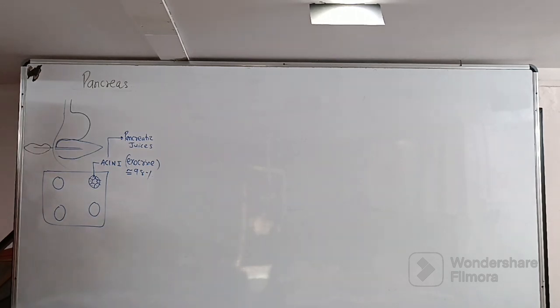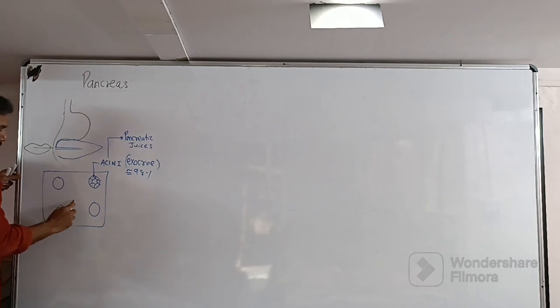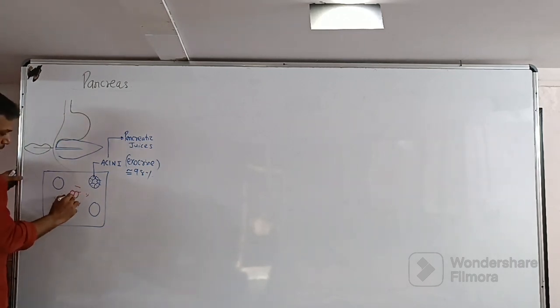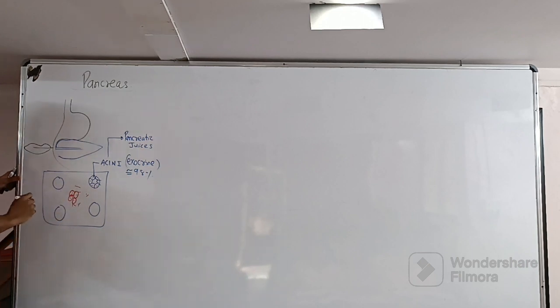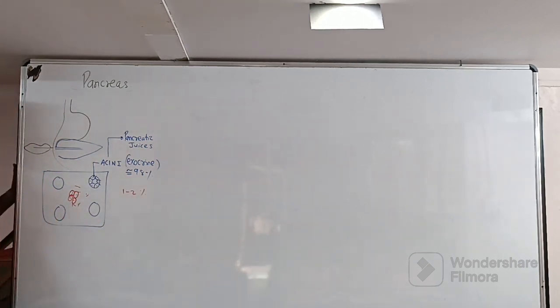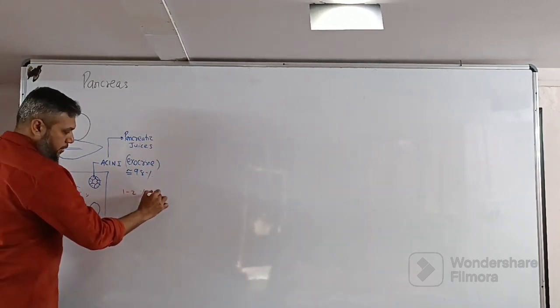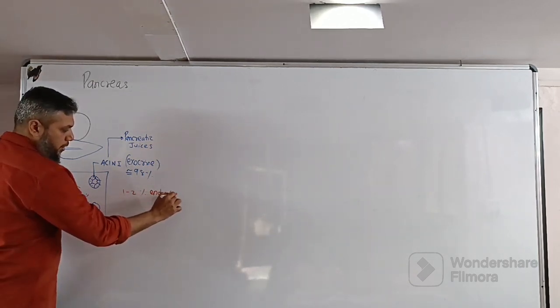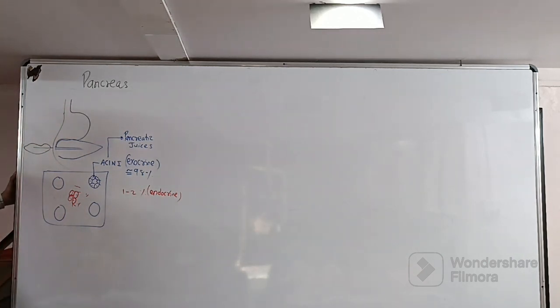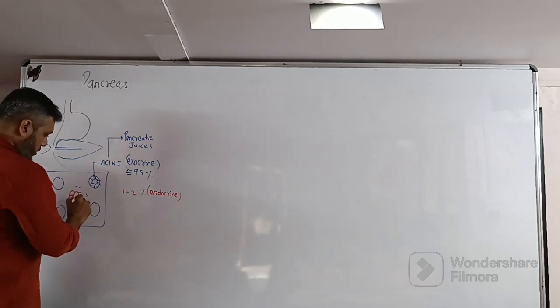Only 1 to 2% is this. This is the connective tissue, bachalo. And within that there are cells, which are hardly 1 to 2%, and that is going to be the endocrine part. What are these cells called, bachalo?